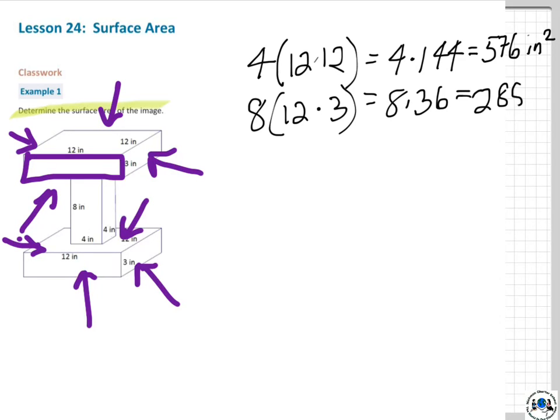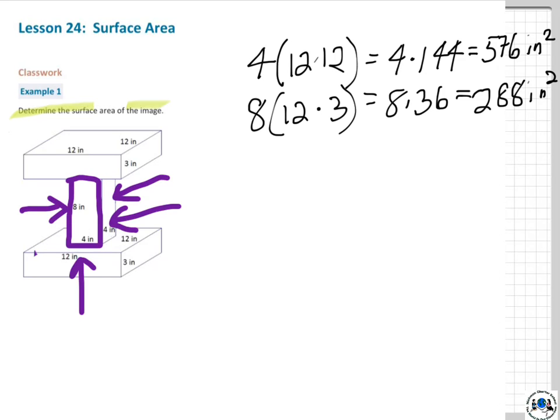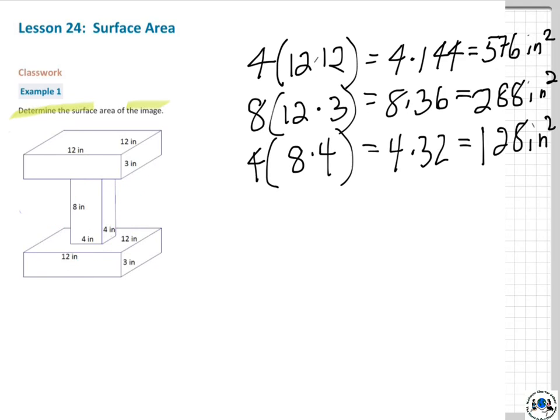Therefore we have 8 times 12 times 3, which gives us a total of 288 square inches. And then we have, again, multiple similar sides. We have 4 of those 8 by 4 faces, and that comes out to 128 square inches. Okay, so that's all of our positive surface area.